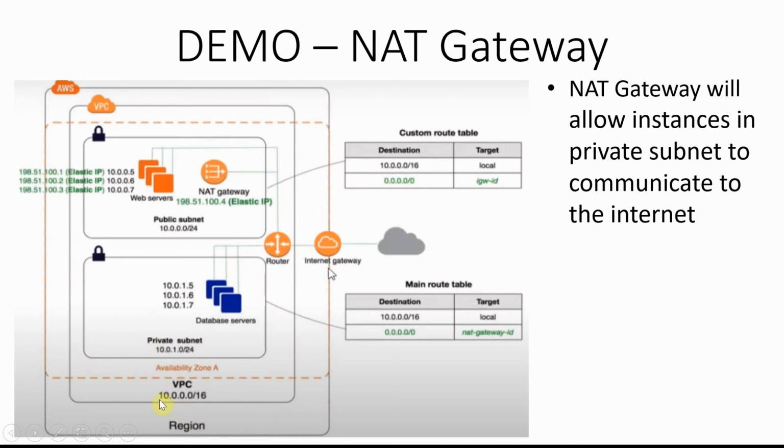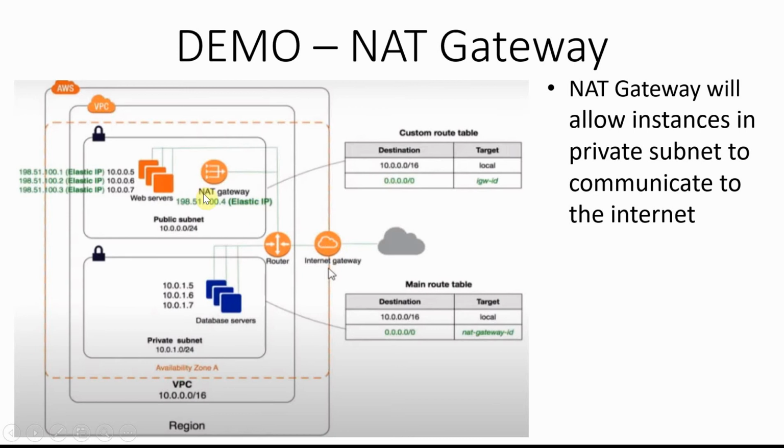The VPC boundary has an IP address range of 0.0.0.0/16. Inside that there's a public subnet and a private subnet. The private subnet will not have internet. The public subnet will have internet because it is connected to the internet gateway.